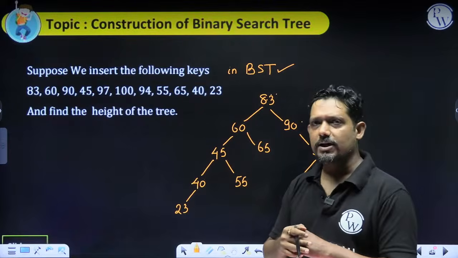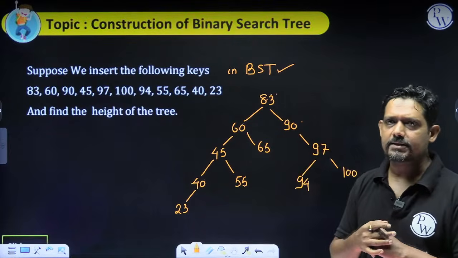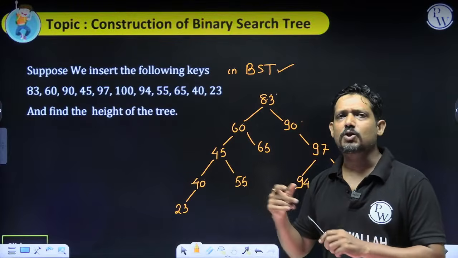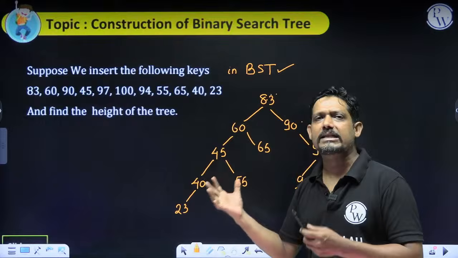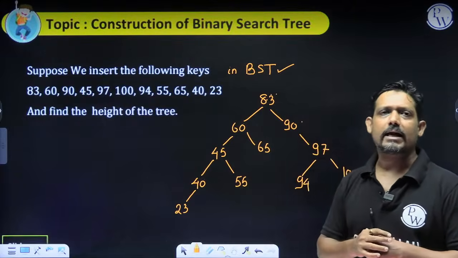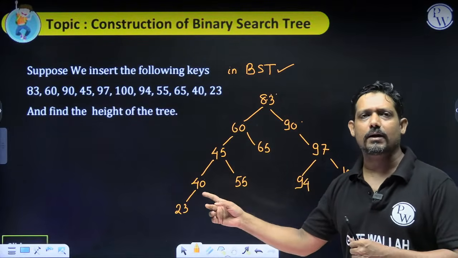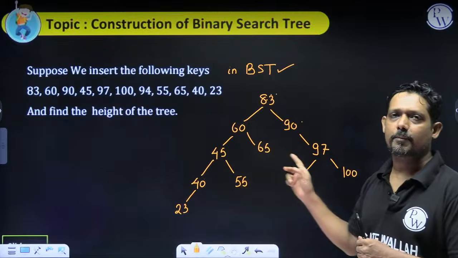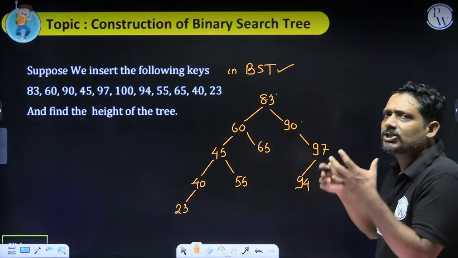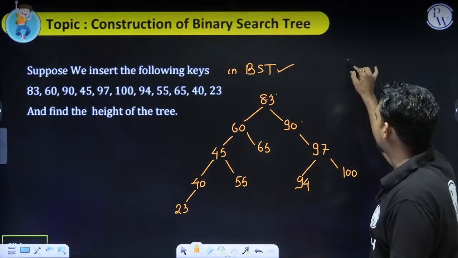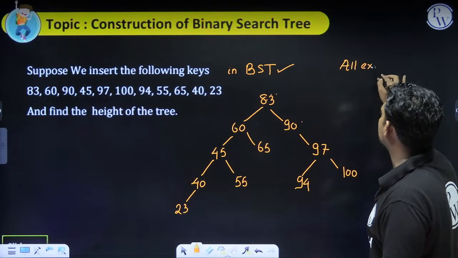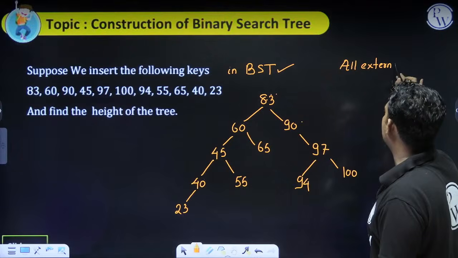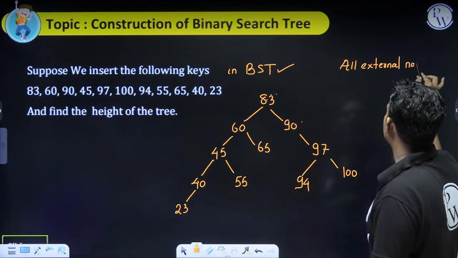A leaf concept. A leaf is a node which is not having any children. Okay, so anything that is a leaf means this is the end part. So all external nodes are leaves.